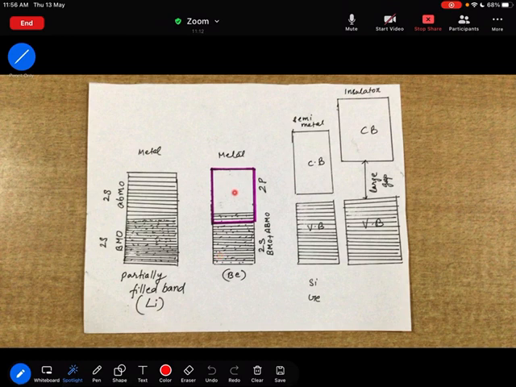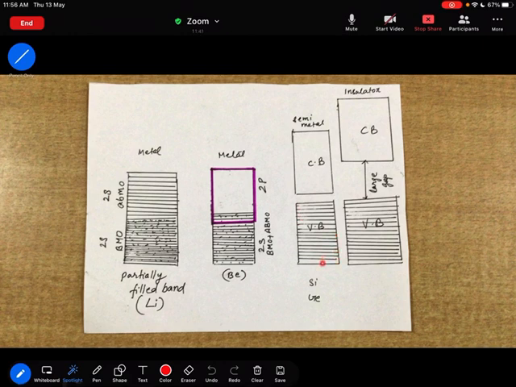Now this 2p is called conduction band. Band formed by lower energy valence orbital, here in the case of silicon, is called valence band.